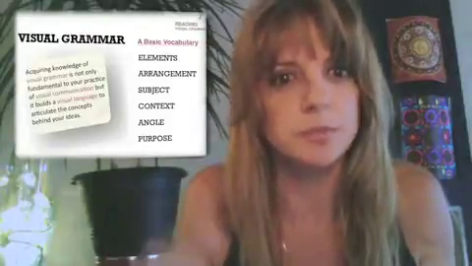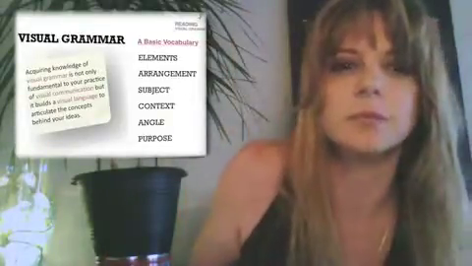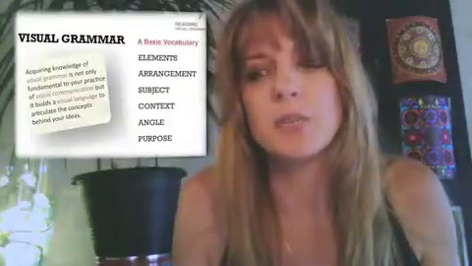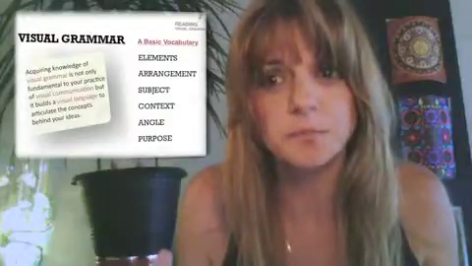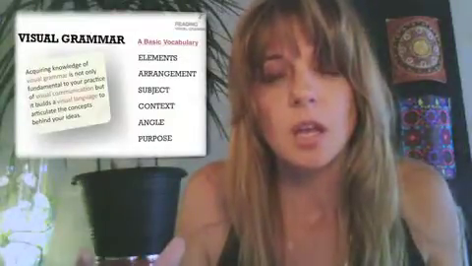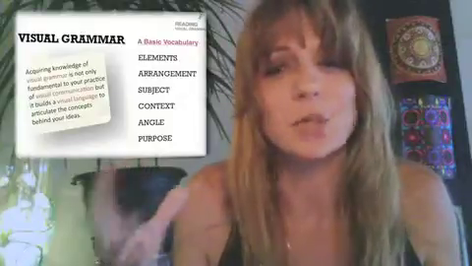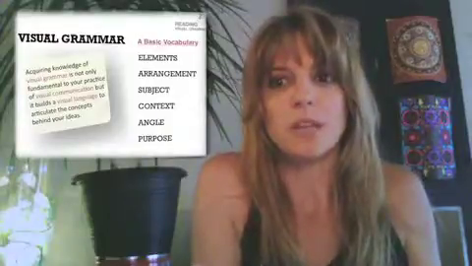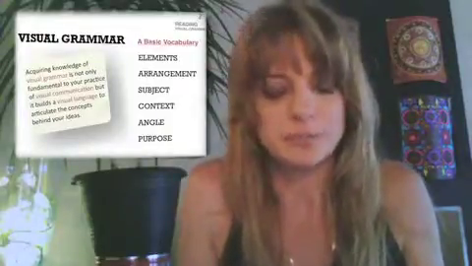Then, for larger context, we're going to talk about the subject of the photo and the context as well. Historical context, cultural context, these things. We're going to talk about the angle. Who are you in this photo? And how does that affect the story? And finally, the purpose.